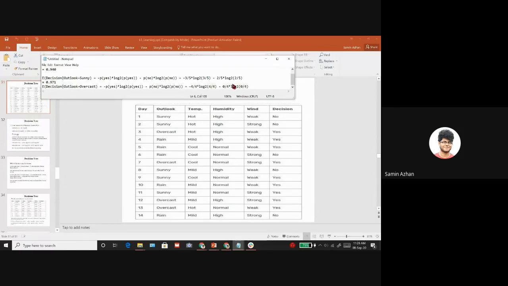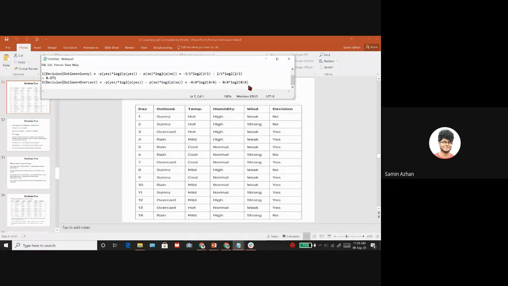If you put this in a calculator, you should get an error because the calculator will say this is invalid for a log. Since 0 divided by 4 is 0 and anything times 0 is also 0, when you see that there's 0 divided by something, you can forget about this part.